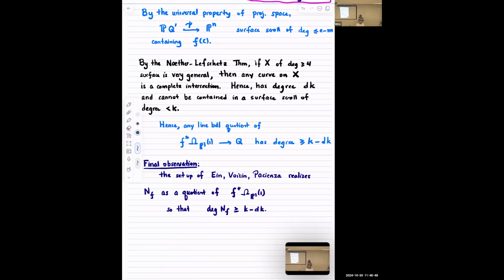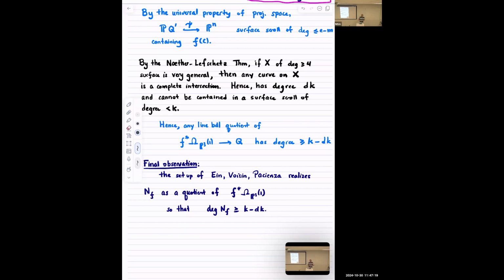So by the Noether-Lefschetz theorem, if X is a very general surface, then the only curves on that surface are complete intersections. So in other words, the curve has degree d times k for some k, but you see any scroll containing this curve has to have degree at least k, right? Because of this, this is like a bonehead bound.